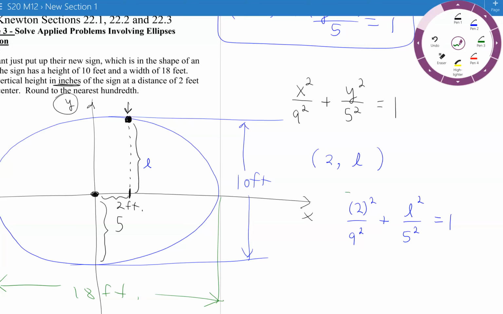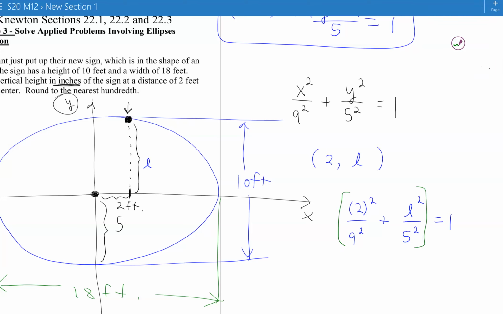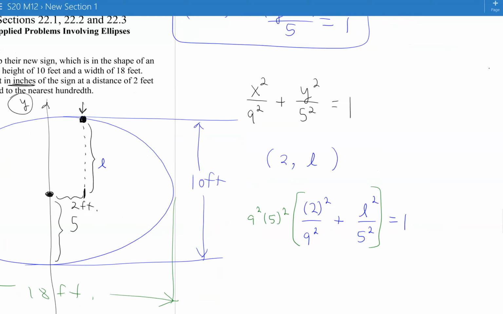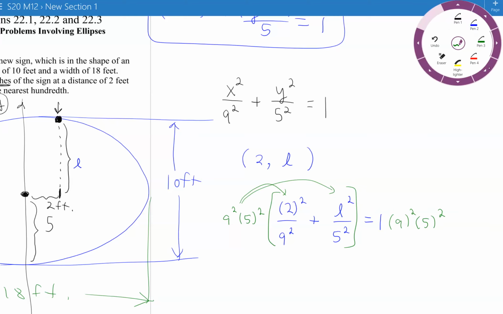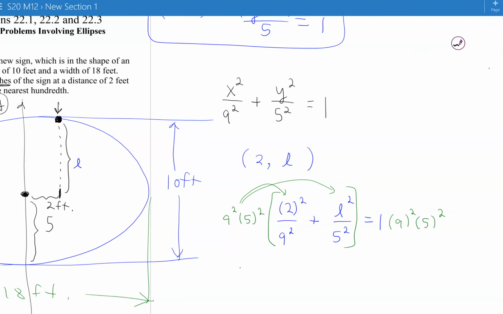So what I would do here, first thing, is I would multiply by 9 squared times 5 squared on both sides, because then when I distribute, I'm not going to have any fractions. So I'll have 5 squared times 2 squared plus 9 squared times L squared equals 9 squared times 5 squared.